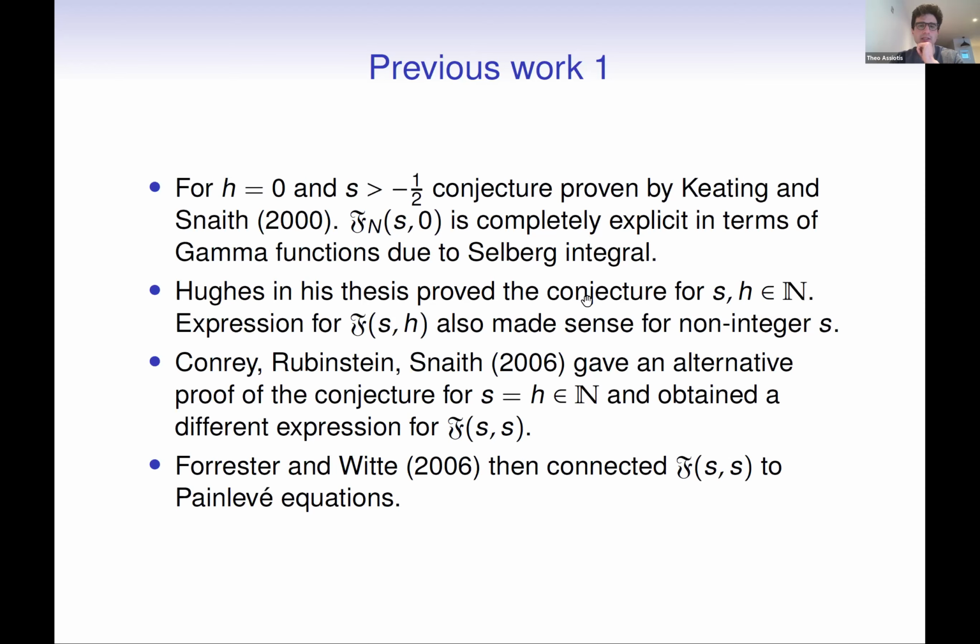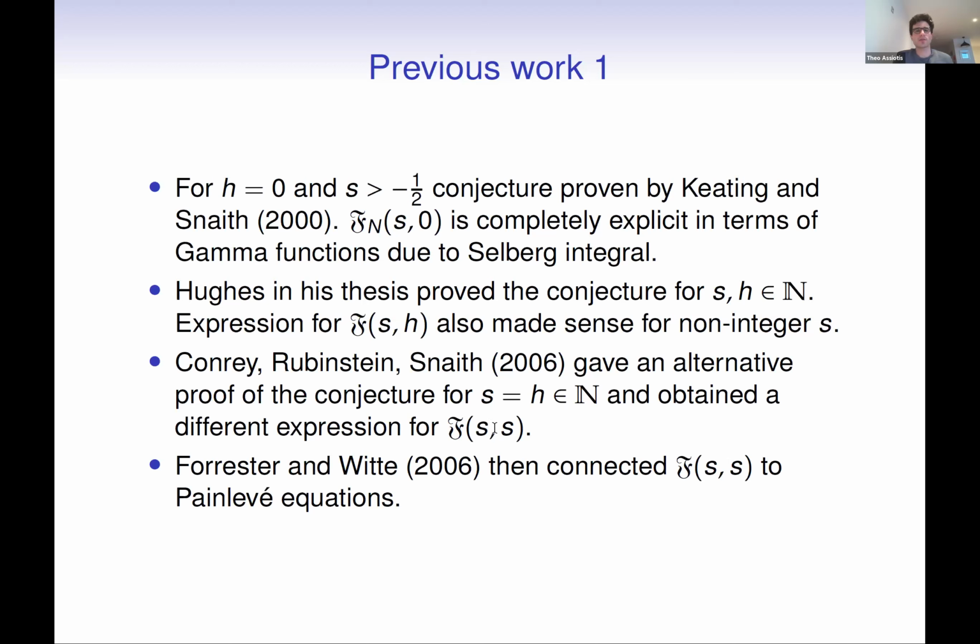And then Hughes, in his thesis, proved this conjecture for s and h positive integers, and he used asymptotics for Toeplitz determinants. The expression for F_{s,h} also made sense for non-integer s, but the steps in the proof needed s to be an integer.